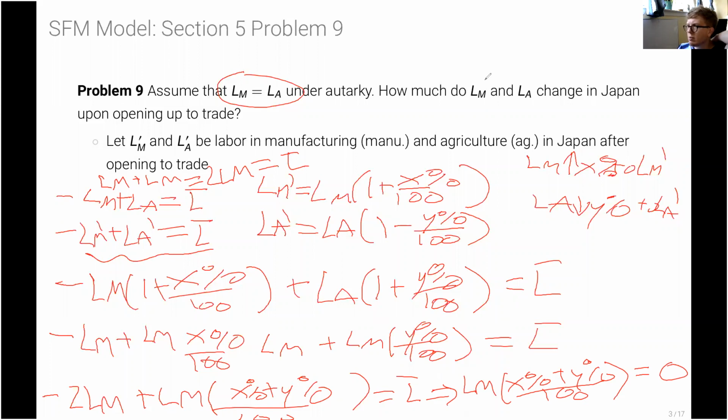But suppose that the amount of labor employed in manufacturing was not 0. You can generally assume that because with Cobb-Douglas preferences in autarky we would generally consume some combination of both manufacturing and agriculture. So I can assume that the amount of labor was not 0, and that means if this term is 0 and LM is not equal to 0, then this implies that the sum of X% plus Y% has to be equal to 0.